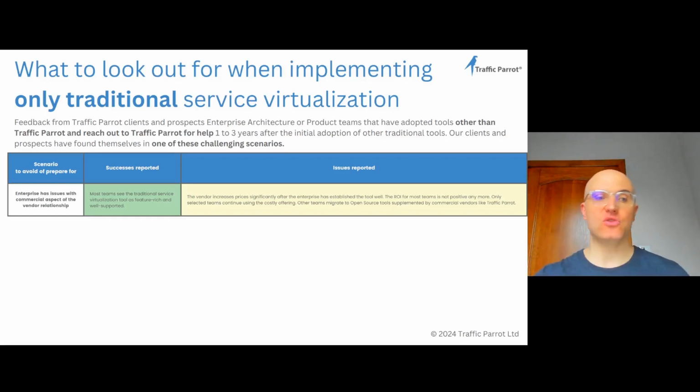So the first scenario to avoid or prepare yourself for would be that the enterprise might have issues with the commercial aspect of the vendor relationship. What we've seen, customers and prospects numerous times coming to us tell us that the tool that we've adopted, the traditional service virtualization tool, was quite well received by the teams, feature rich and well supported.